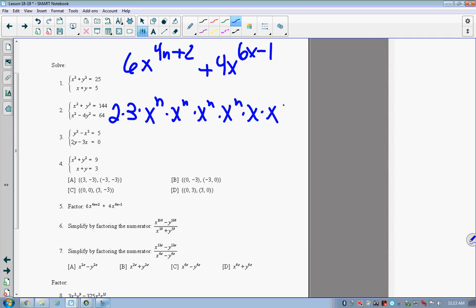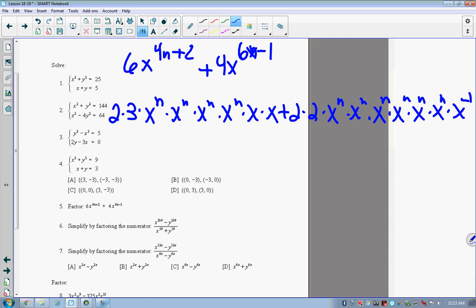Plus 4, okay, that's 2 times 2 times, I think this is going to be x to the 6n, so x to the n, x to the n, 1, 2, 3, 4, 5, 6. And then x to the negative 1. I'm just showing it in expanded form so that you're going to be able to understand this, okay?